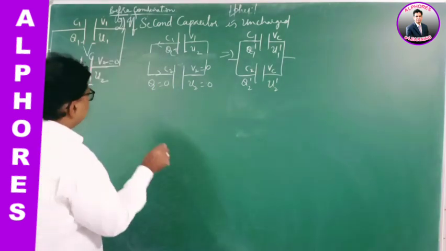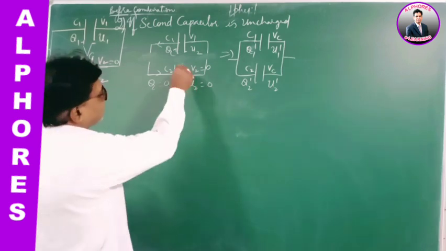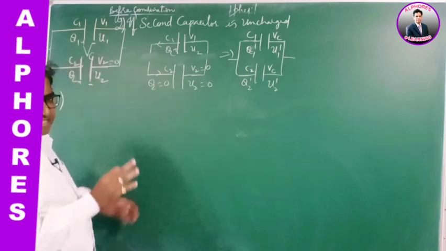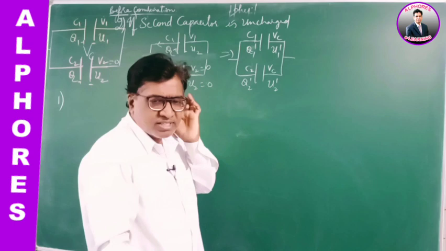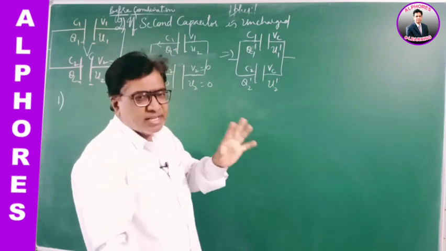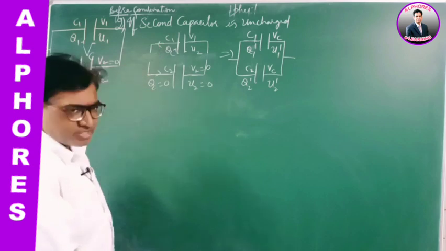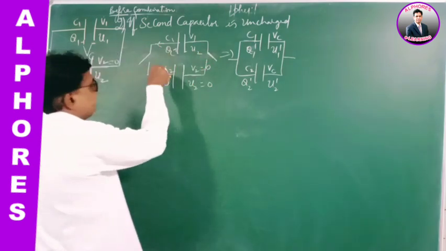Let us first talk about the various things. V2 is 0. The second one has no charge, no potential, no energy. It is an uncharged body, simply a conductor. Using the first I am charging it, giving charge to it. I haven't connected them yet. Before any connection is made, it is like this.